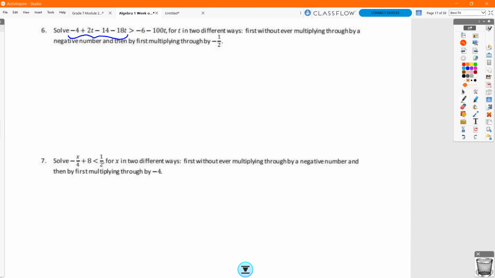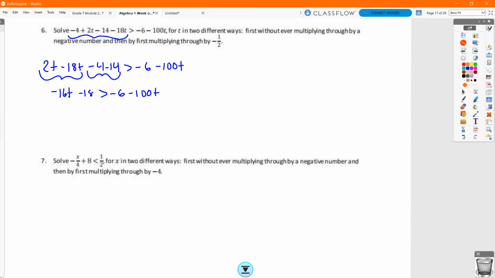So I want 2t minus 18t together, minus 4 minus 14 is greater than a negative 6 minus 100t. So 2t minus 18t would be a negative 16t. Negative 4 minus 14 is going to be a negative 18, is greater than a negative 6 minus 100t.